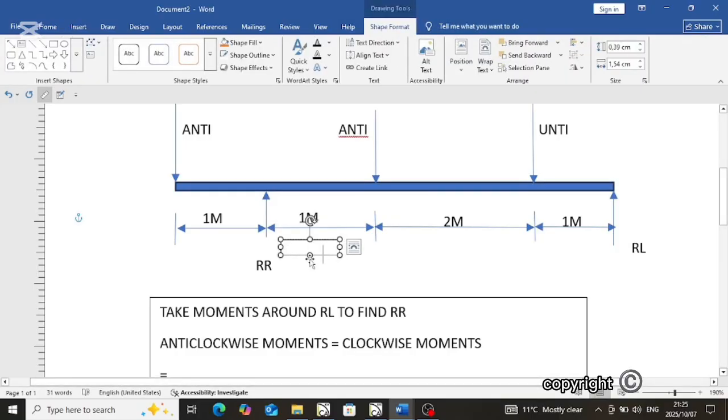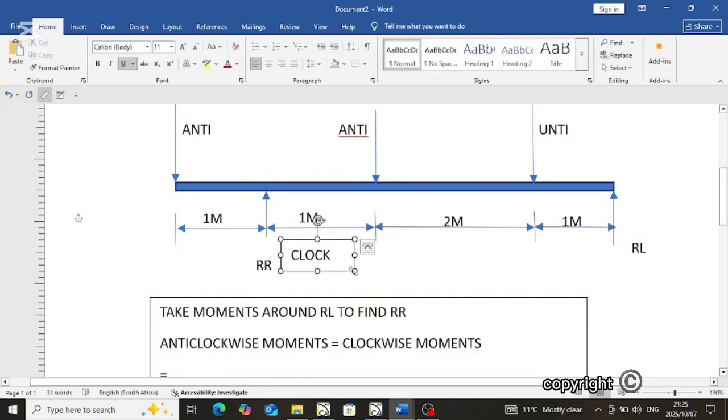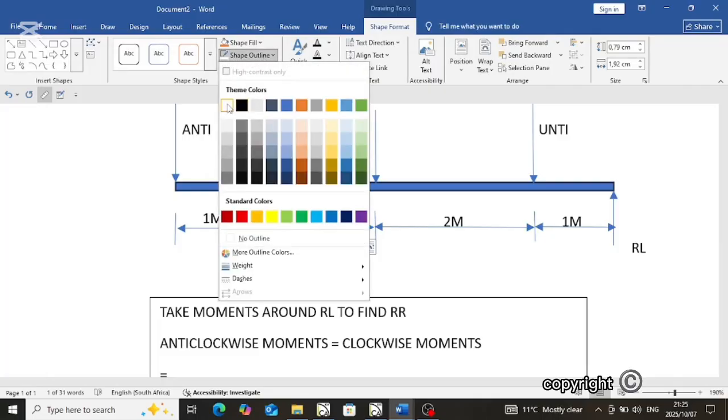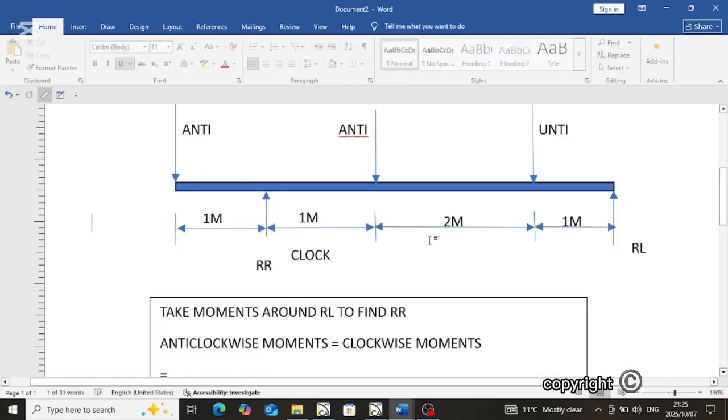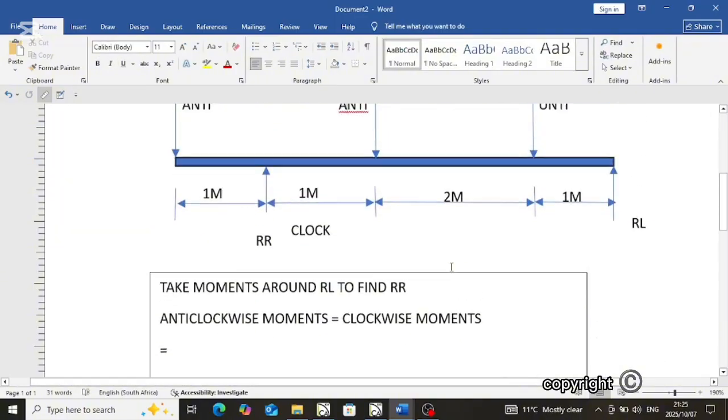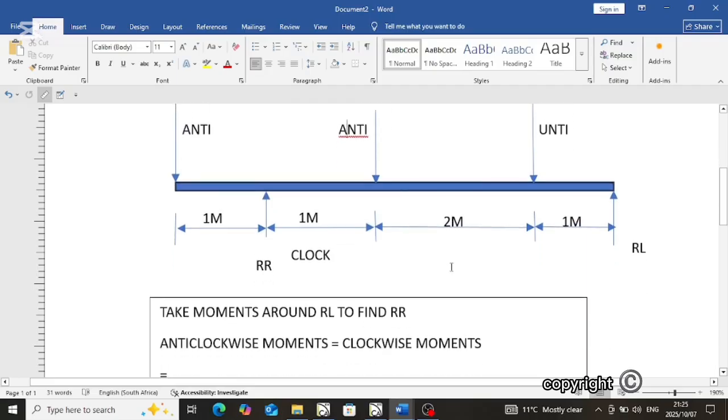This is a clockwise force. Let me delete here. Okay, this one is our clockwise force, and that one is the anti-clockwise force.